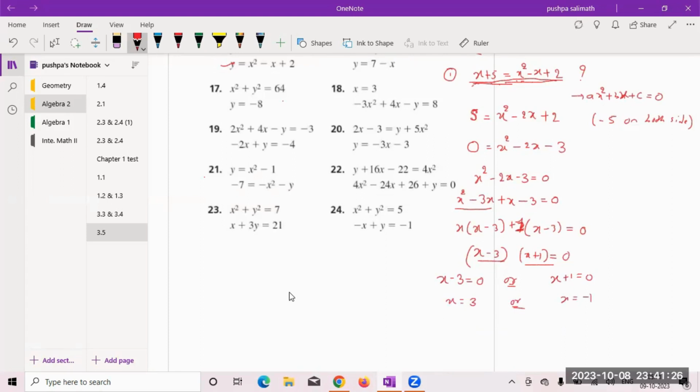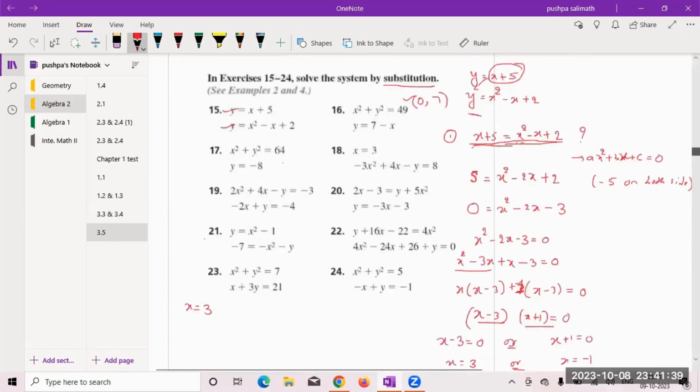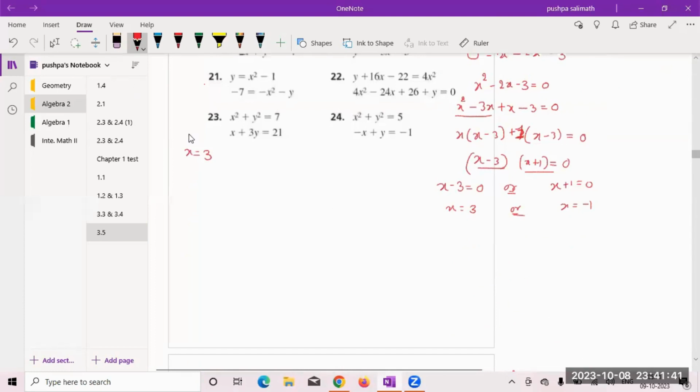So when x is equal to 3, what is the solution? With x, I'm having one linear equation, that is y is equal to x plus 5. So then y is equal to what? 3 plus 5, that is y is equal to 8.